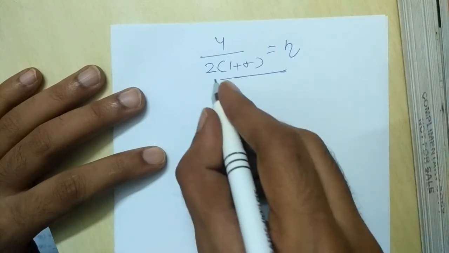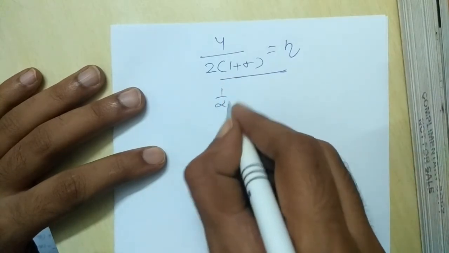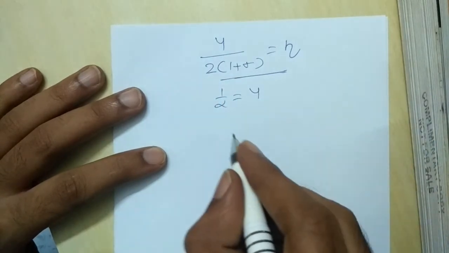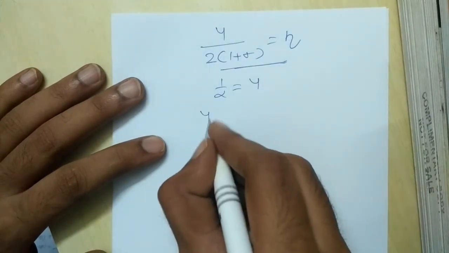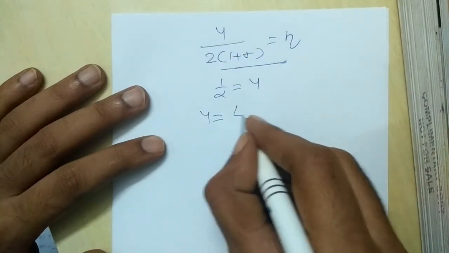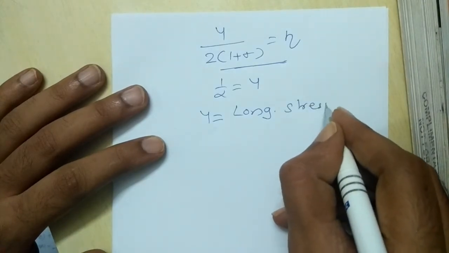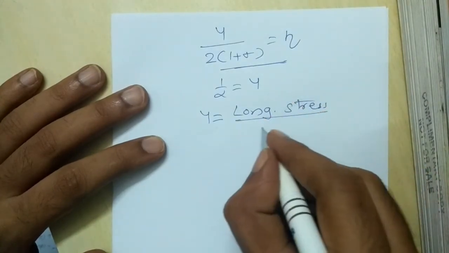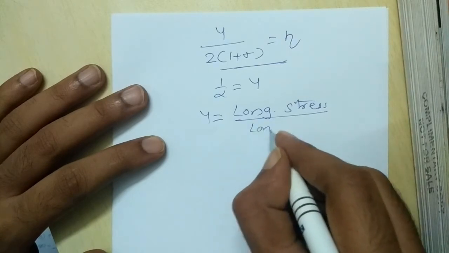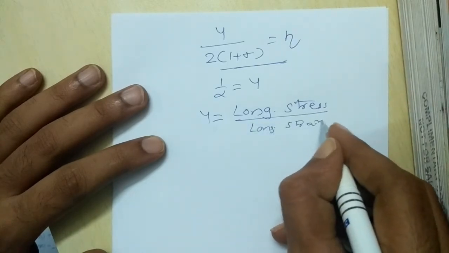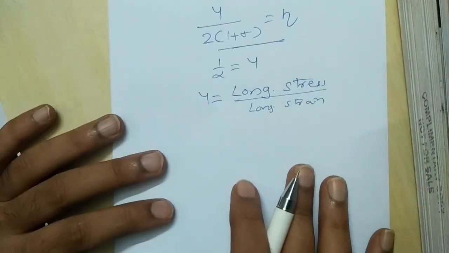So why is 1 by alpha equal to Young's modulus? Because we have Young's modulus Y equal to longitudinal stress by longitudinal strain, right?